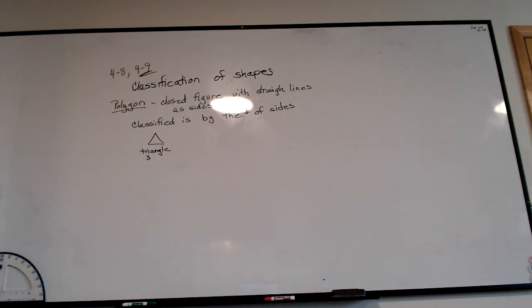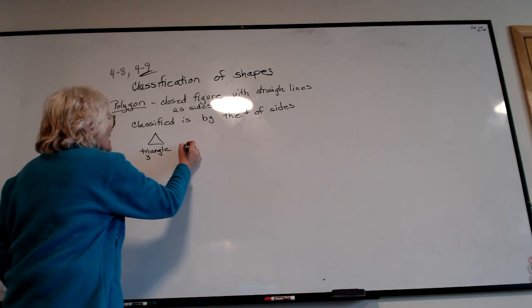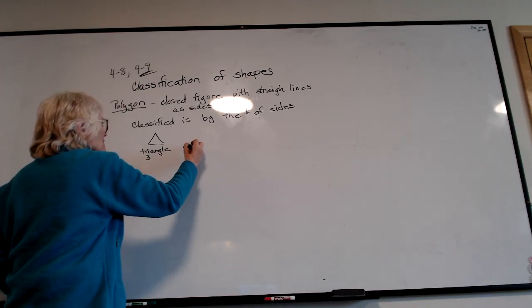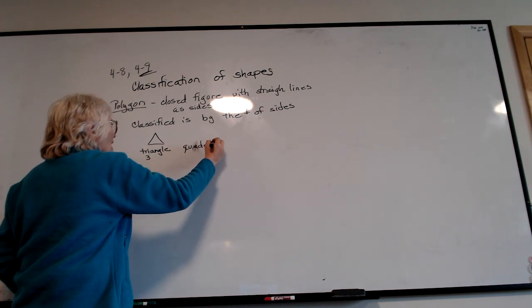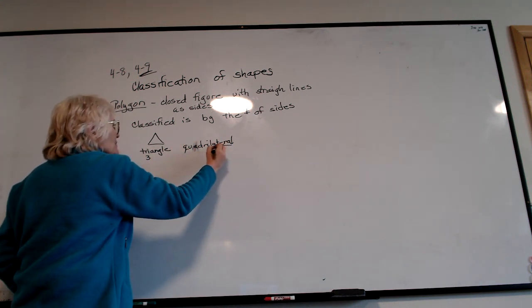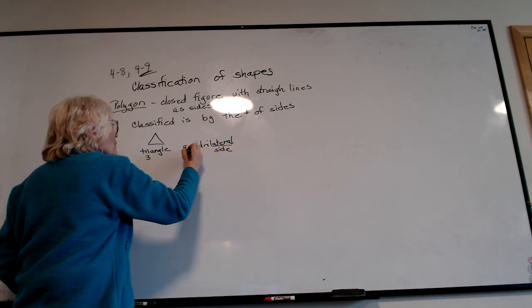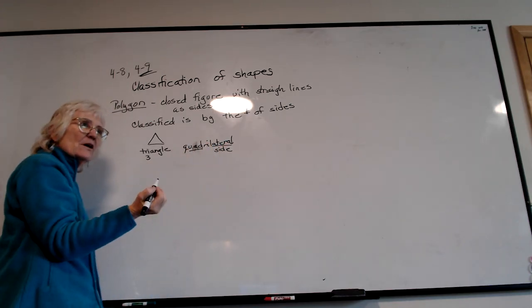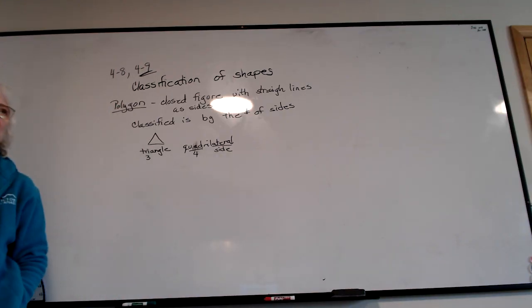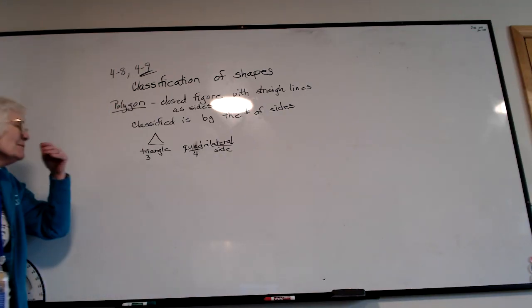Don't ask me why. So we have triangle, and then the next one is called a quadrilateral. This actually means the word side, and quad, if you think about it, quad, it has 4 tires, so it's 4-sided. So we name them kind of weird.